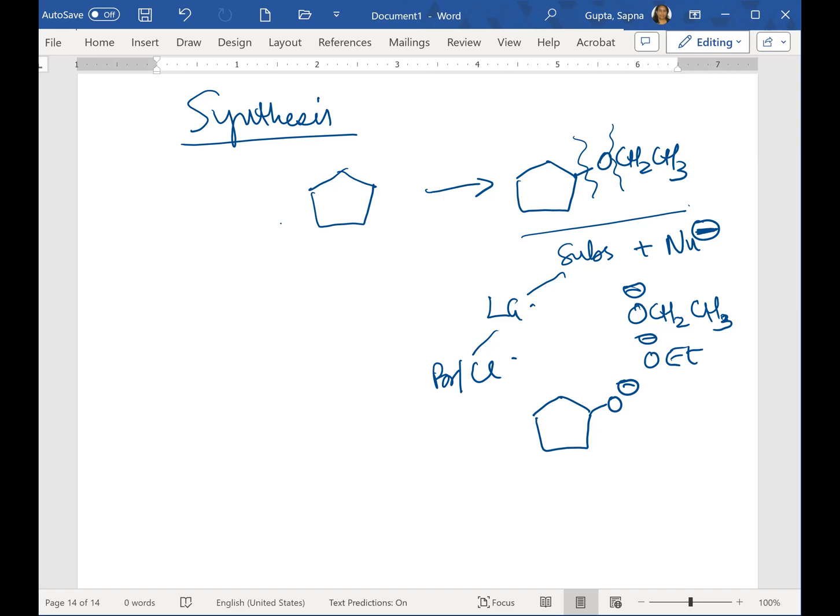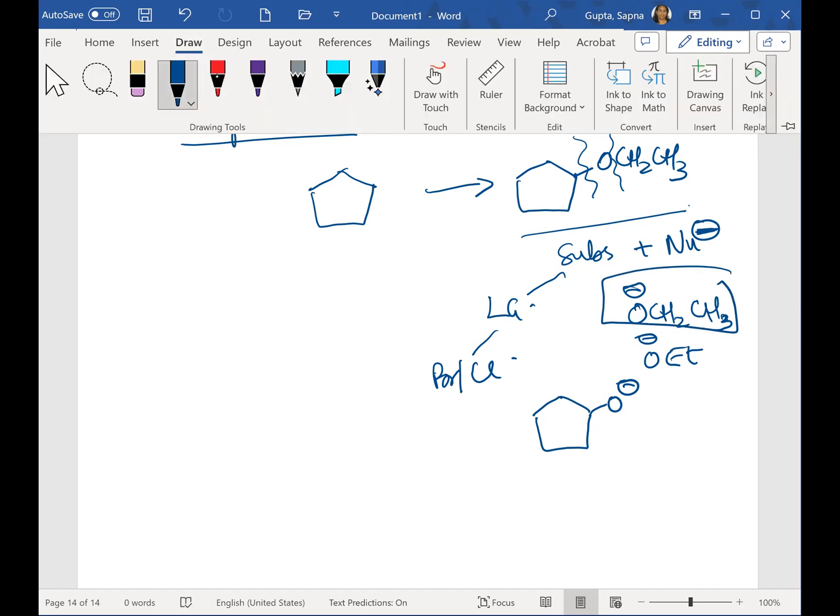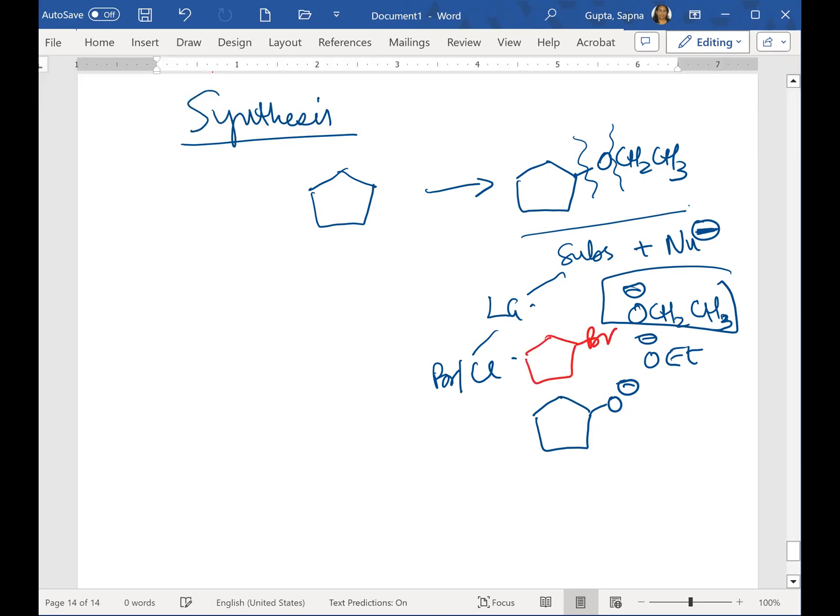So if I choose this to be my nucleophile, then my substrate has to be something like this. If my nucleophile is a cyclopentane with the oxide on it, then the other part of it, which is CH3, CH2, CH3, has to have a leaving group. So that's my substrate.